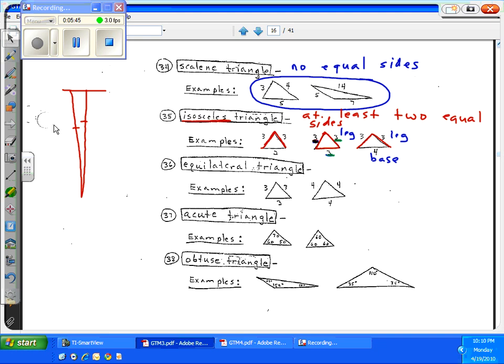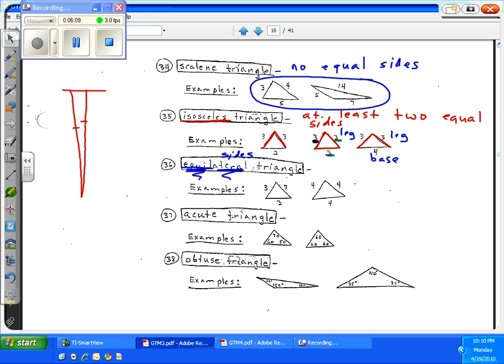So an isosceles triangle is a triangle that has at least 2 equal sides. Equilateral comes from the 2 words equal and lateral. Lateral means side or sides, and so we have equal laterals or equal sides, you see.